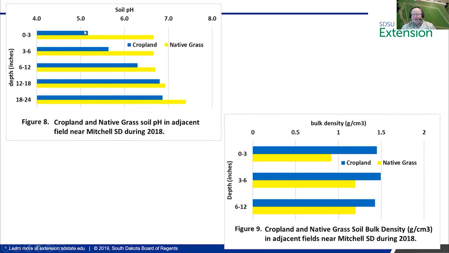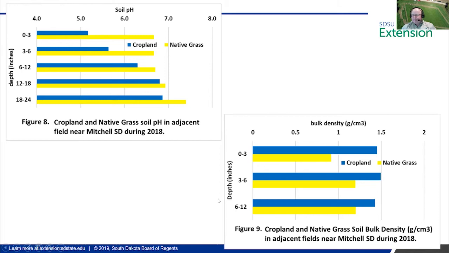And look at that cropland, just above 5 there in the 0 to 3, and then it goes up in the 3 to 6, and it goes up as we go down, of course, because our glaciated soils in the eastern part of South Dakota, it's a blessing to have those soils, because it ground up all those rocks and those minerals and that alkalinity that was there, that gives us that starting point in that native grass for that neutral soil pH, which is good.